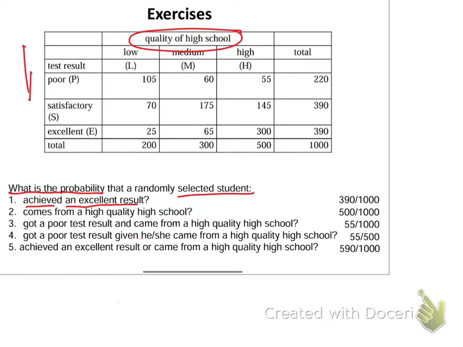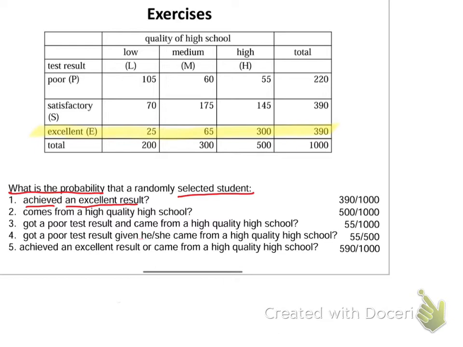Excellent is on the y-axis, so I have poor result, satisfactory result, and excellent result. Regardless of the school, how many students scored excellent grades?